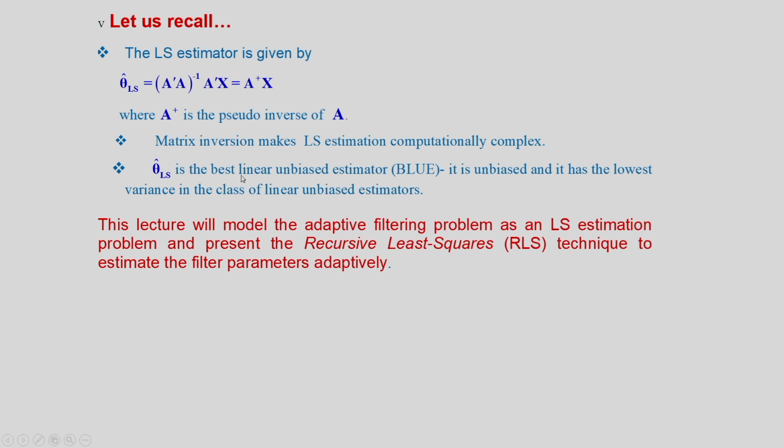So, we consider a class of linear unbiased estimators. In that class, θ̂_LS has the lowest variance. This lecture will model the adaptive filtering problem as an LS estimation problem and present the recursive least squares technique to estimate the filter parameters adaptively.